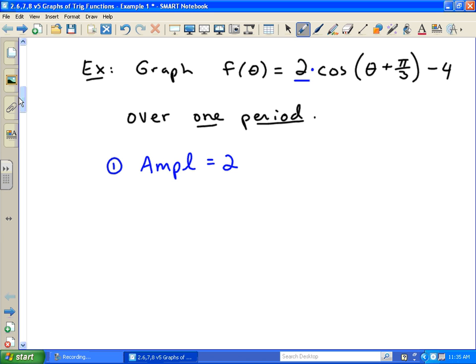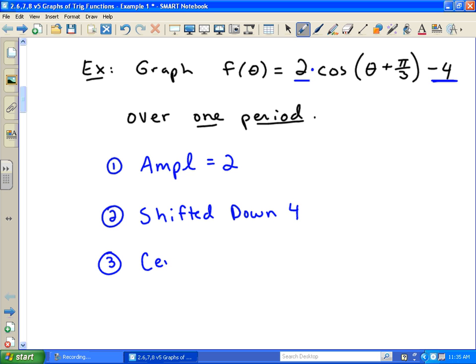Okay, the second thing, we have a -4 over here. -4 is shifting the graph down 4 units. So the graph is shifted down 4. Now what that does is it determines this thing we've been talking about called the center line.